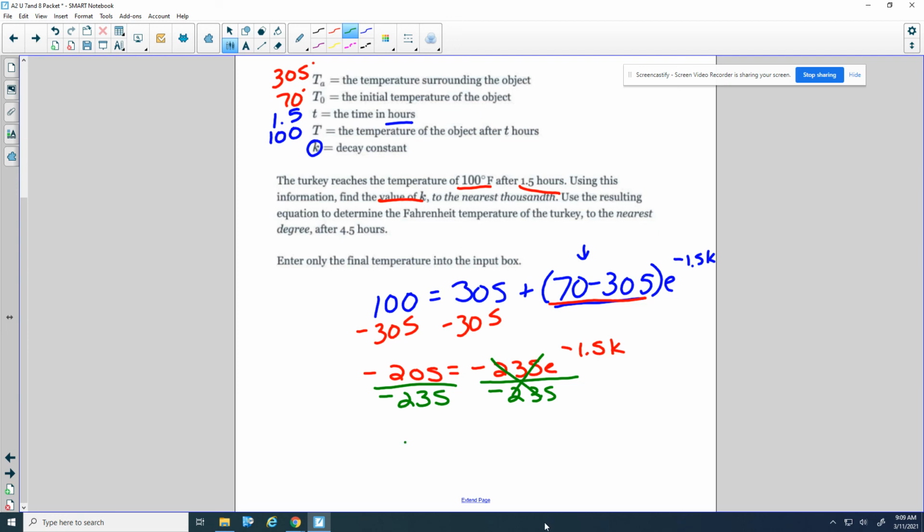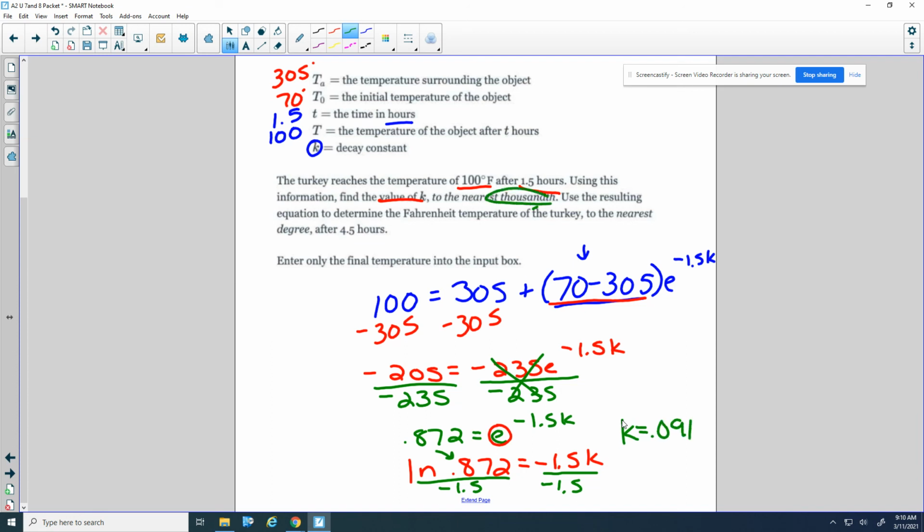So this is going to give me 0.872 equals e to the negative 1.5k. We're going to put it in log form. Because this is base e, we can say ln of the number equals negative 1.5k. And then we're going to divide by negative 1.5, keeping this whole decimal on our calculator. That's going to give me a k value, rounded to the nearest thousandth, of 0.091.